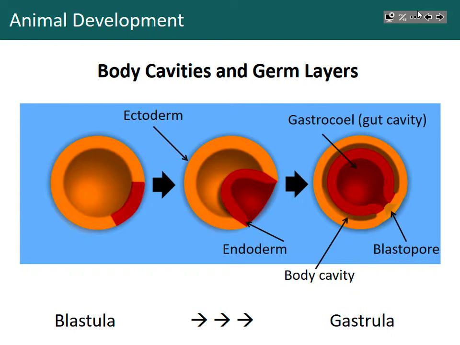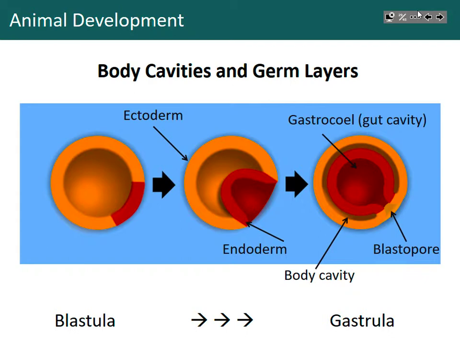Okay. So in this organism, we have our gut cavity or gastrocoel. Coel means opening or space. So we have our digestive space. We have our endoderm surrounding that space. We have our ectoderm surrounding the outside of the animal's body. And then we have an opening.